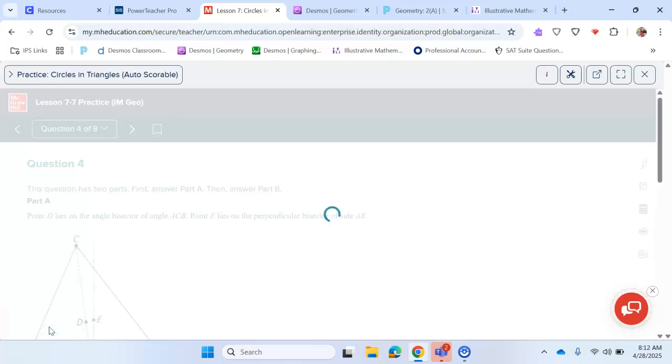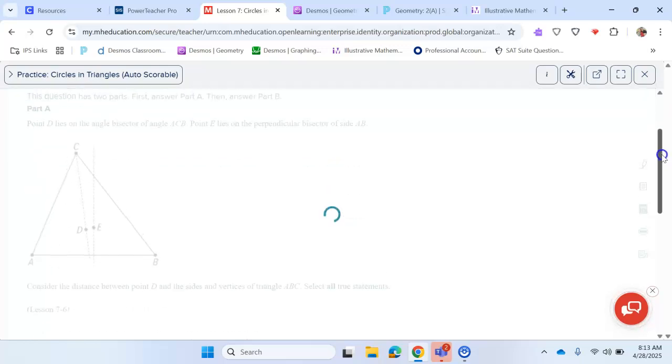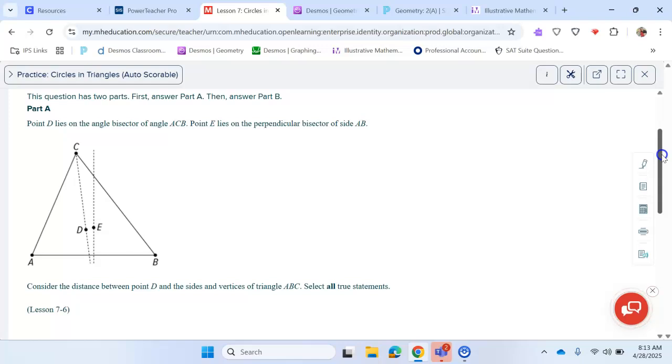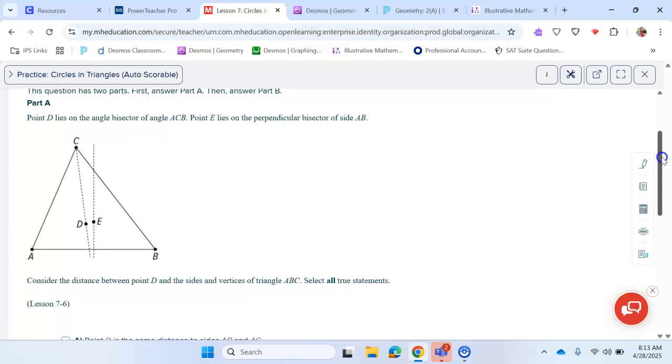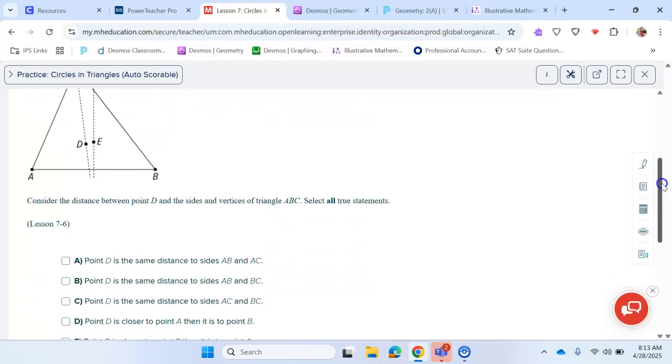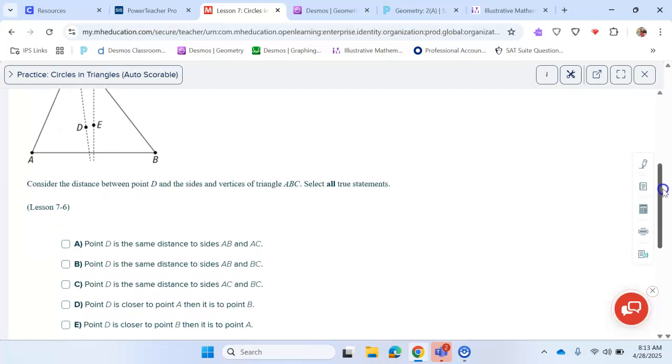Question 4. This question has 2 parts. First answer part A, then answer part B. Point D lies on the angle bisector of angle ACB. Point E lies on the perpendicular bisector of side AB. Consider the distance between point D and the sides and vertices of triangle ABC. Select all true statements.